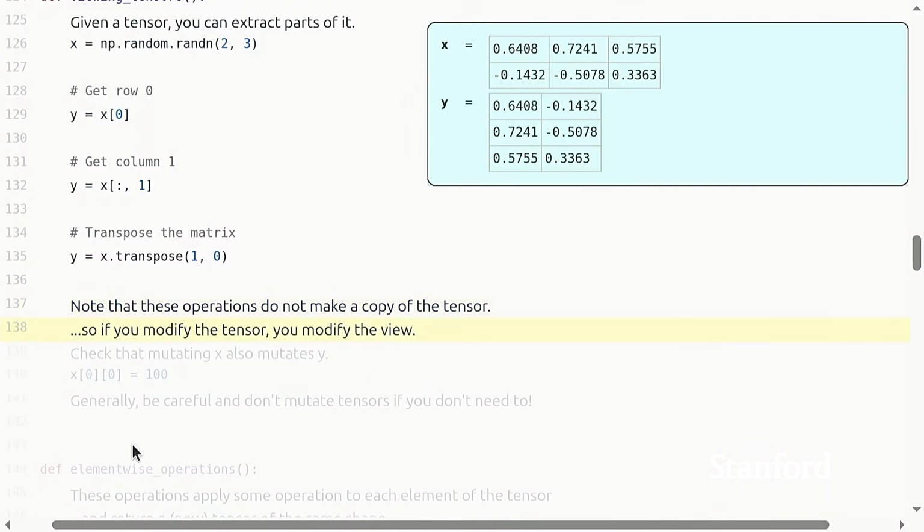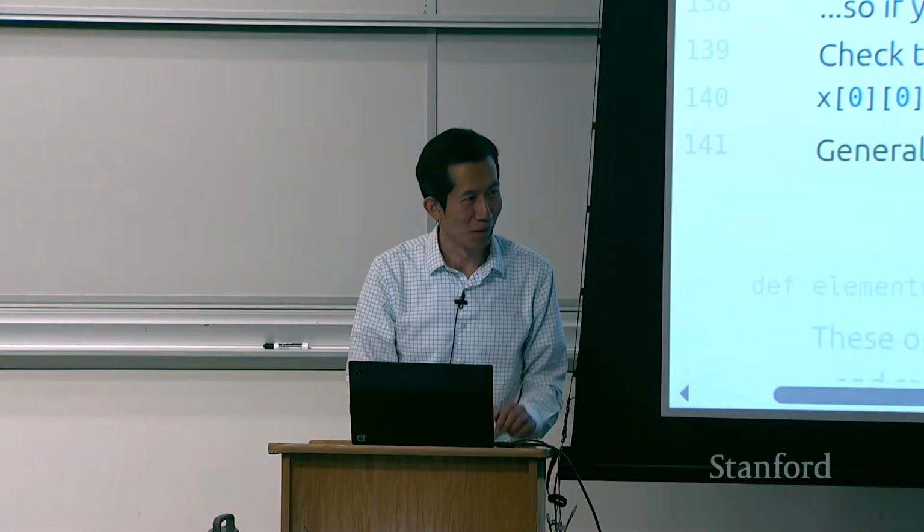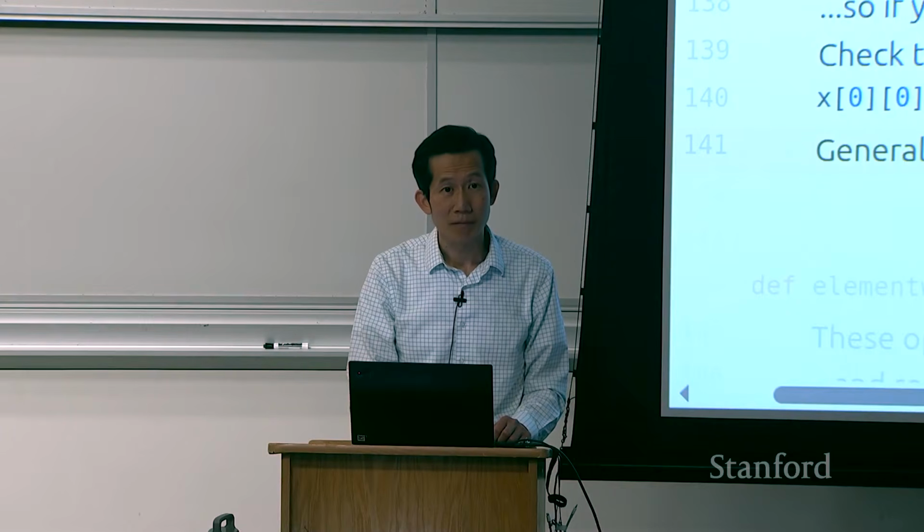So if I have x equals the transpose of y and I mutate x, y also changes. They're different objects, but they're pointing to the same underlying storage. So in general, be very careful about mutation. Generally, you don't have to mutate, but if you do, please be really careful. Otherwise, you might get some bad bugs.